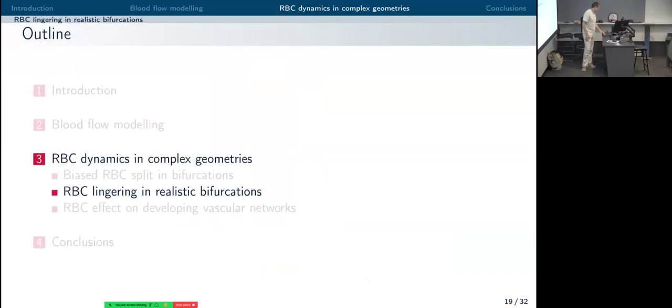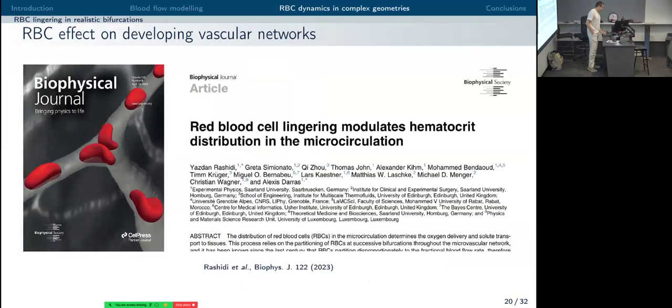What I want to show you now is some work we have also done together with experimentalists, and this is about lingering of red blood cells in realistic bifurcations. So I will tell you what lingering is. This is based on a paper that we published 3 years back in the Biophysical Journal.